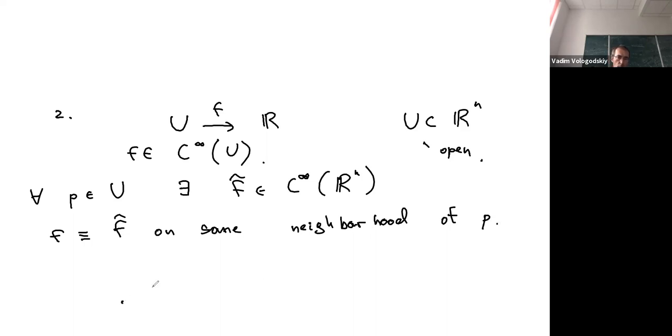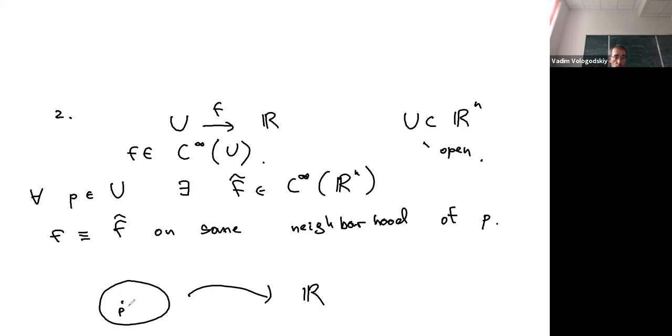So you have a smooth map from an open subset U to R, and you have a point. It's not always possible to extend this smooth map to a map from R^2 to R, because your function can, say, approach infinity when you approach the boundary of this disk.